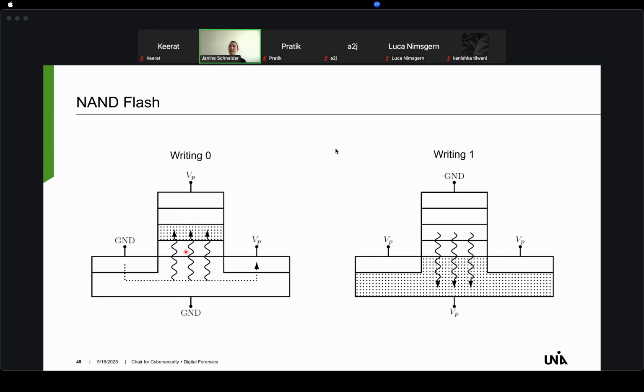This is what we know as wear and tear or wear out, and it reduces the ability of the flash cell to store charges in the floating gate. This is why we cannot program and erase cells forever. This wear out is usually quantified in program erase cycles.